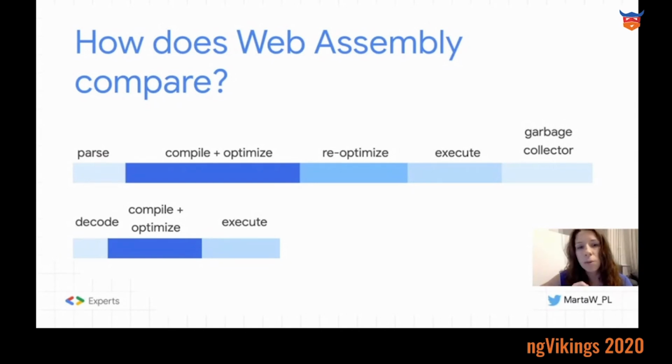In general, WebAssembly is closer to machine code than JavaScript, so the compiling and optimizing process takes less time. WebAssembly has types and other information built in, so it doesn't need re-optimizing. The execution is quicker than for JavaScript. The memory is managed manually, so we don't need garbage collection.